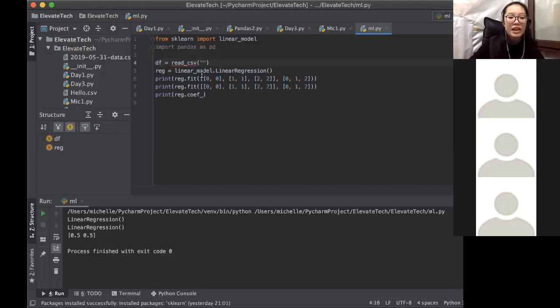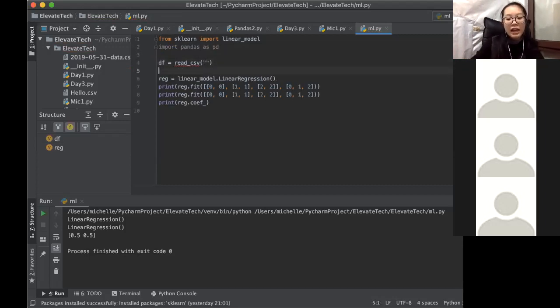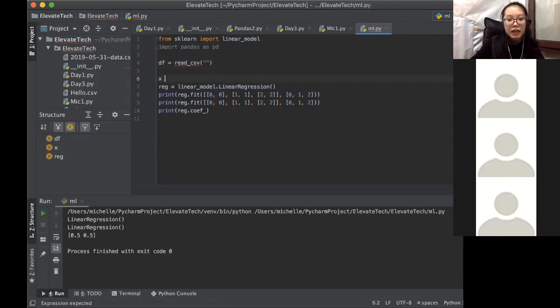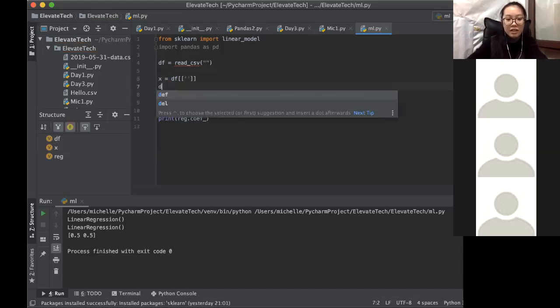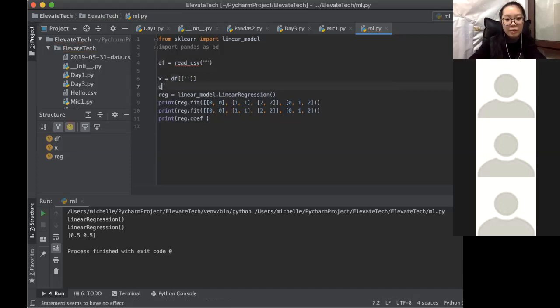Then the x value is going to equal df, and like I talked about yesterday with data frames, you slice or get the data from a certain column. You also get the y value from another column, putting the name in it.